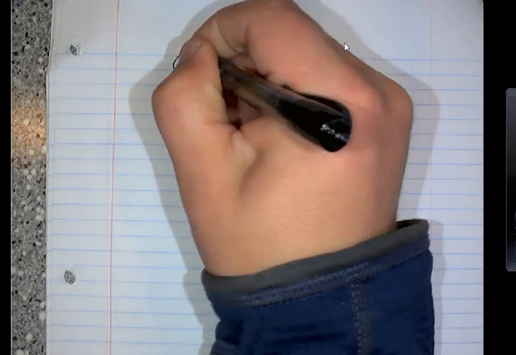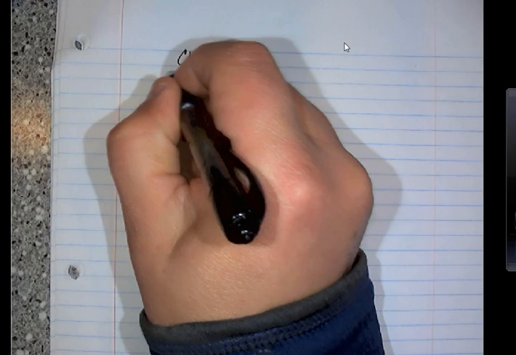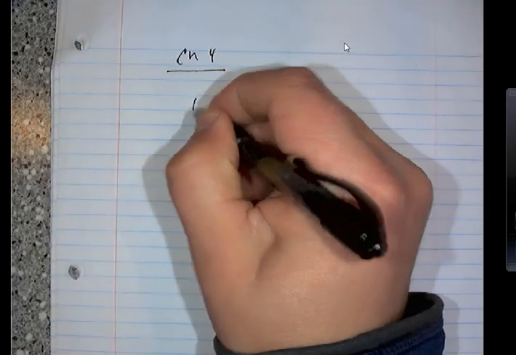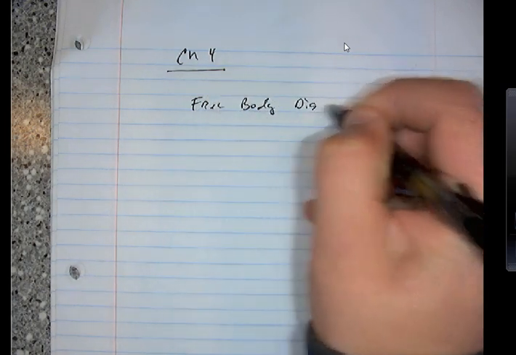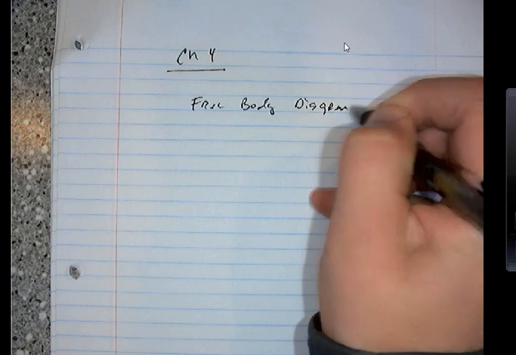Okay, the next thing we saw was Chapter 4, which is actually titled Forces and Newton's Laws of Motion. We started by looking at free body diagrams. And we saw that it's not just for fun, it's an actual great picture to represent what's going on. So make sure you're familiar with free body diagrams.